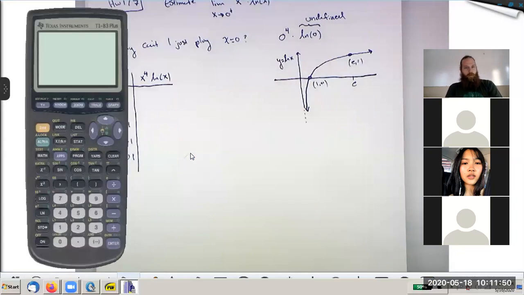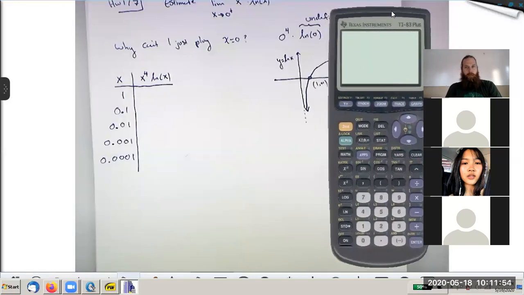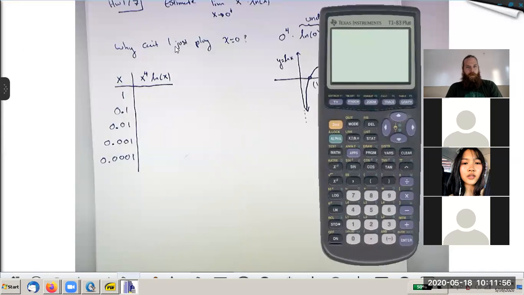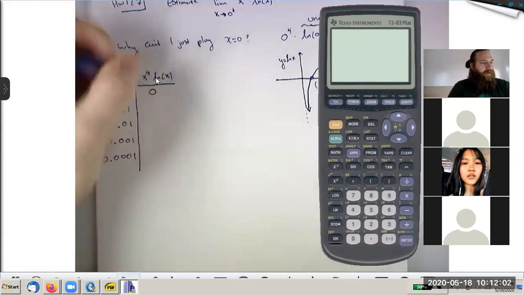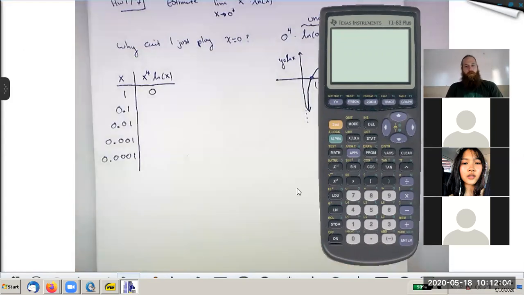Okay, so move this over here this time. When x is equal to 1, you'll have 1 to the 4 times the ln of 1. That's 0, because the ln of 1 is equal to 0. And for the rest of these, I will need the calculator. So we're going to have 0.1 raised to the 4.